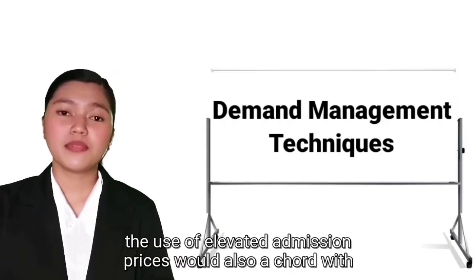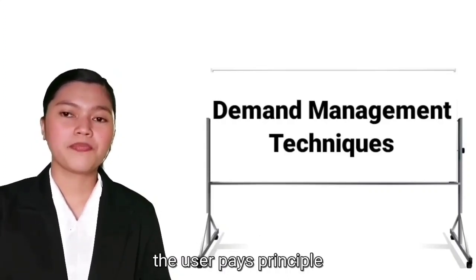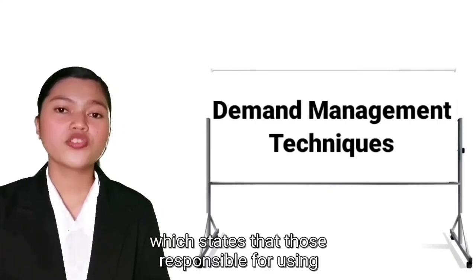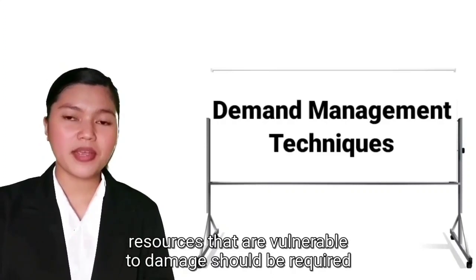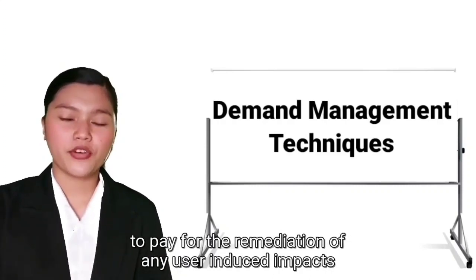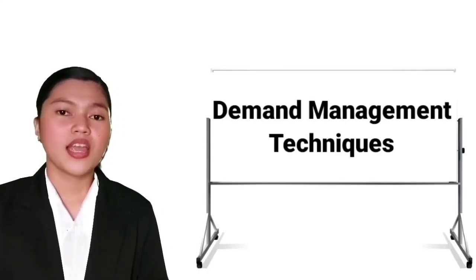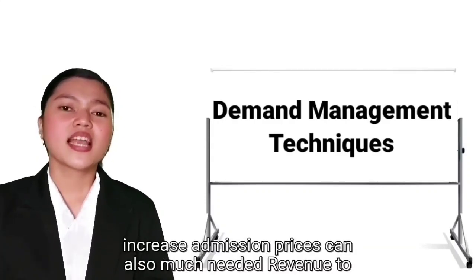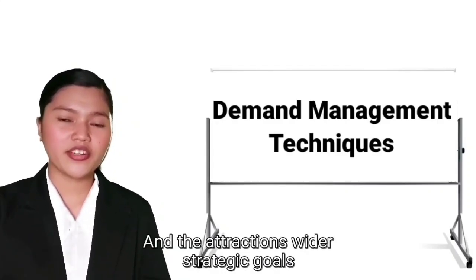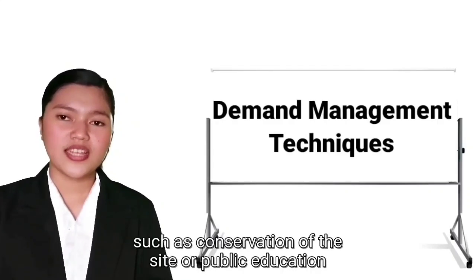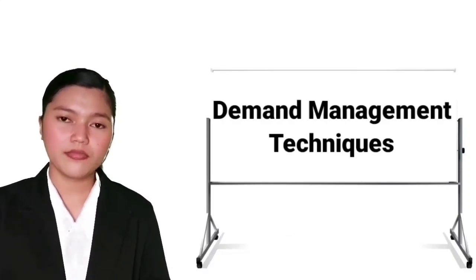The use of elevated admission prices would also accord with the user pays principle, which states that those responsible for using resources that are vulnerable to damage should be required to pay for the remediation of any user-induced impacts. Increased admission prices can also provide much needed revenue to fund the attraction's wider strategic goals, such as conservation of the site or public education.